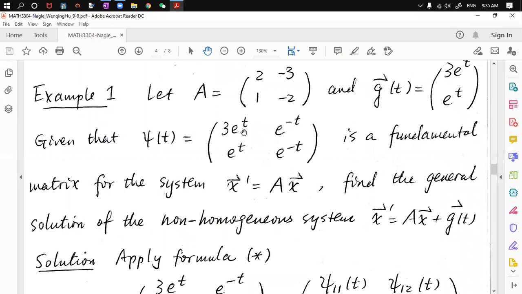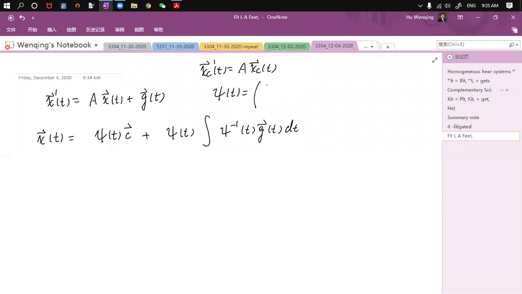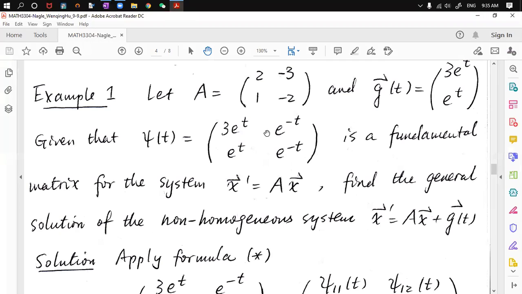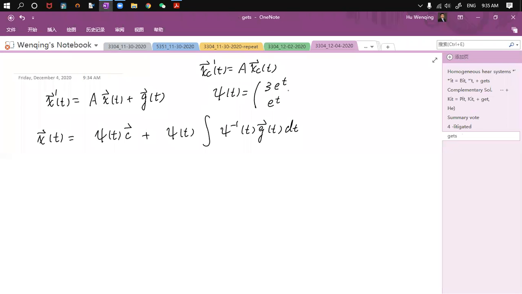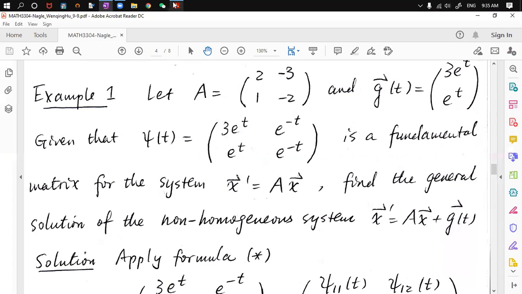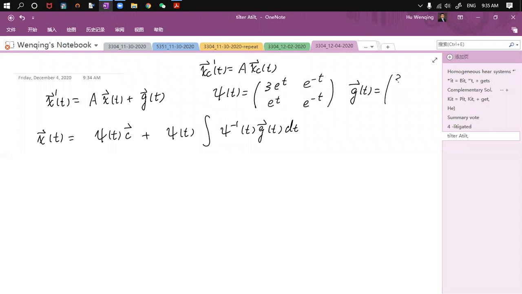It's 3e^t and e^t in the first column, and e^(-t) and e^(-t) in the second column. And therefore, you just need g(t). The right-hand side is also already given: 3e^t and e^t.